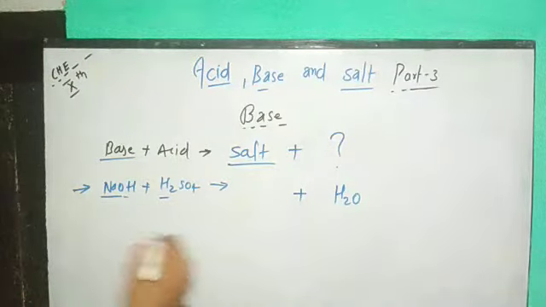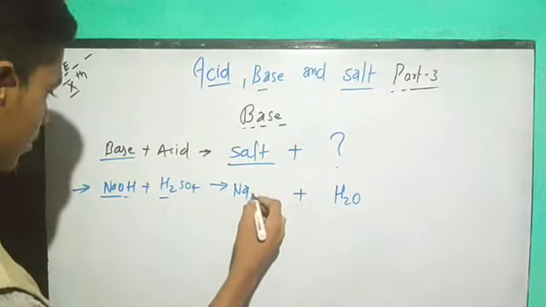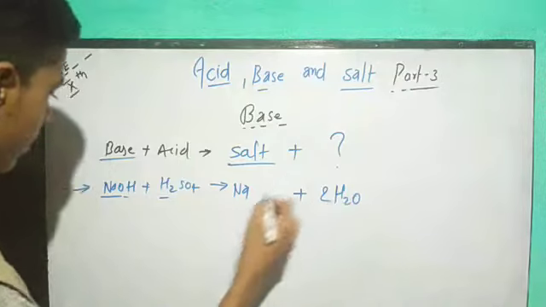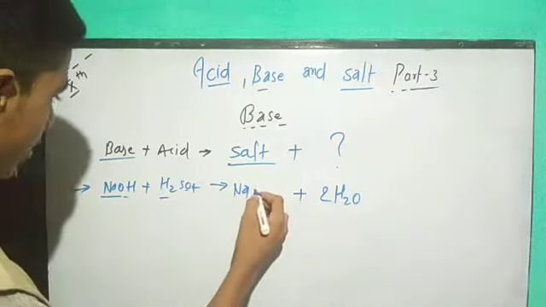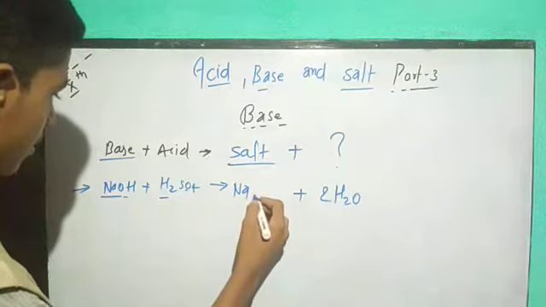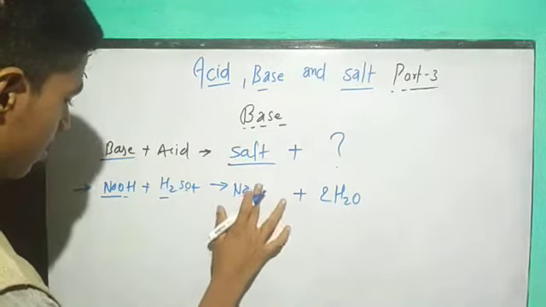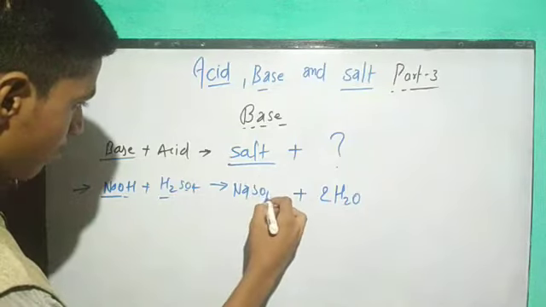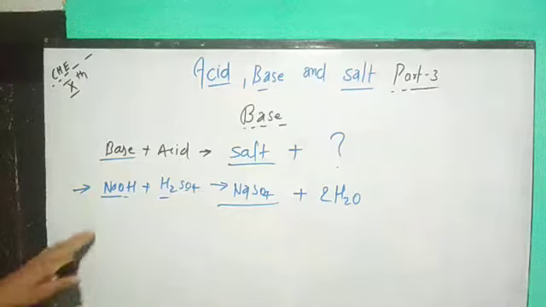So how can we write it? We can write Na, and we have to multiply over there. Then SO4, so we can write Na2SO4, which means sodium sulfate, plus 2H2O. This is our product value.